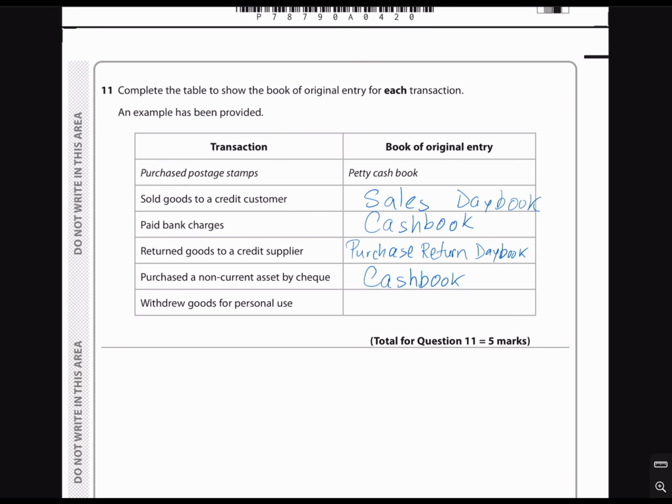Now, it will be journal, because the books of original entry are sales day book, sales return day book, purchase day book, purchase return day book, cash book, petty cash book. Whatever doesn't come inside these is entered as journal.